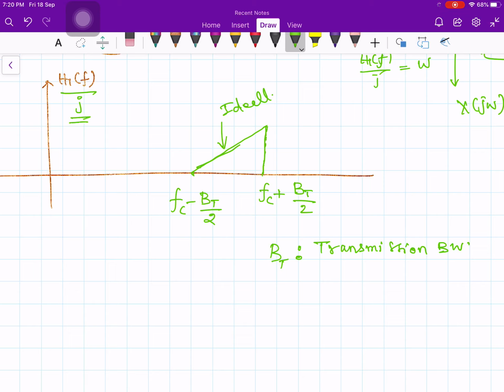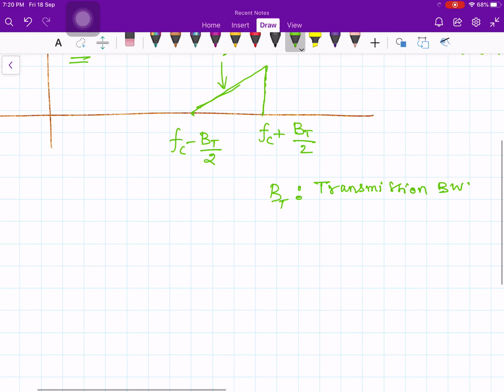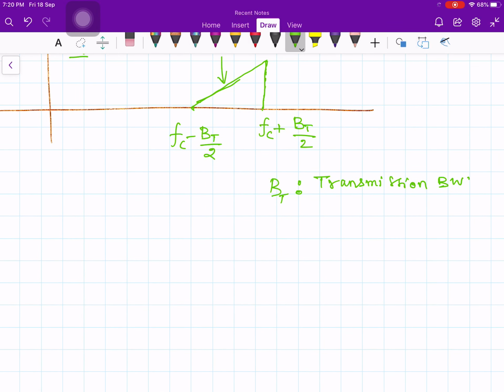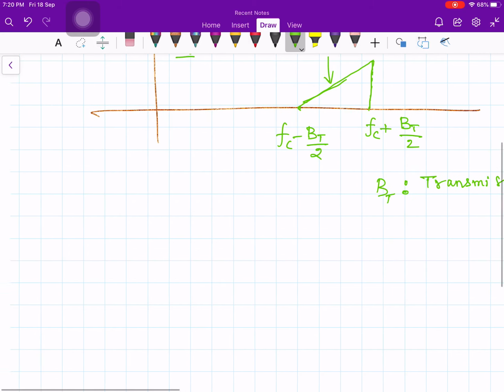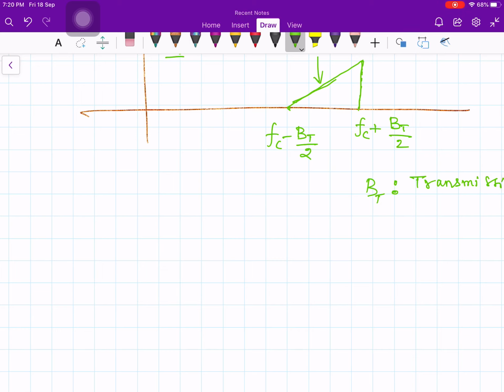So this is a single slope detector. This is the kind of thing that we would like to have. Now, what will you get on the left-hand side? This is my positive frequency, because we are talking about a real system.